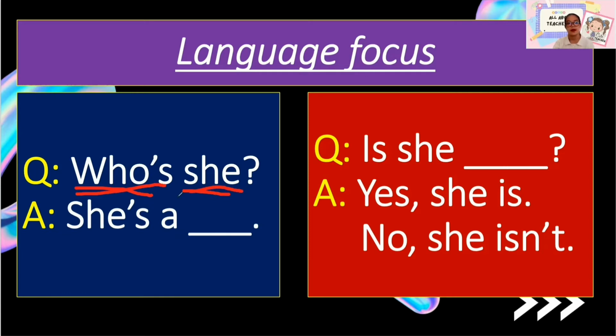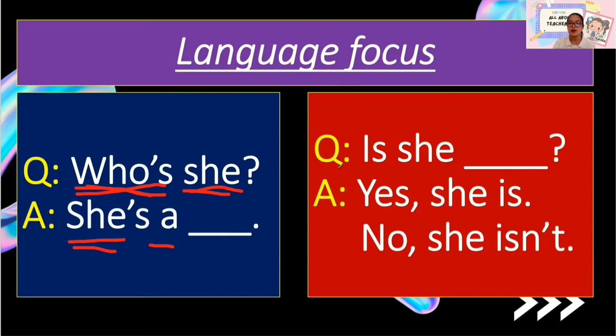If you could still remember, who's is the shortened word for the two words who is, and she's is the shortened word for the two words she is. So we have here, who's she? She is a, may it be a student, a nurse, a cook, or a teacher.